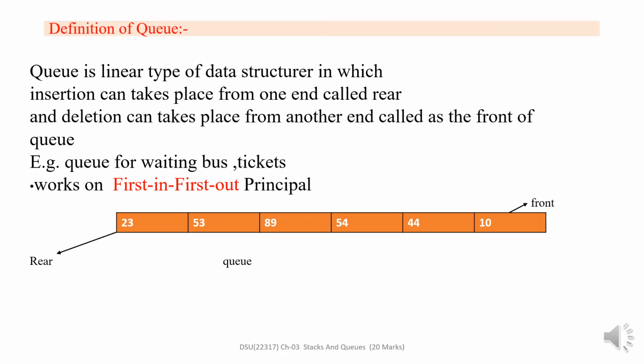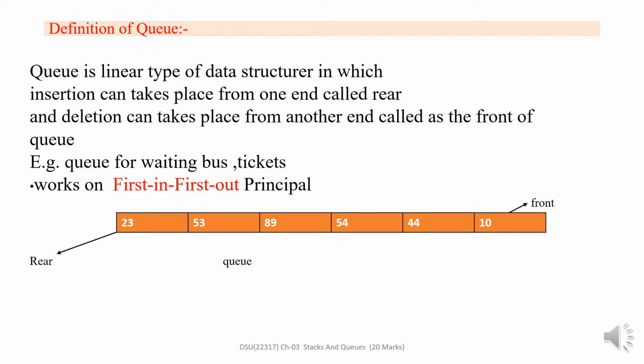The definition of queue is a linear type of data structure in which insertion can take place from one end called the rear of the queue, and deletion can take place from the other end called the front of the queue. Examples of a queue are waiting for a bus, or a queue for tickets. Any such queue is an example of a queue.